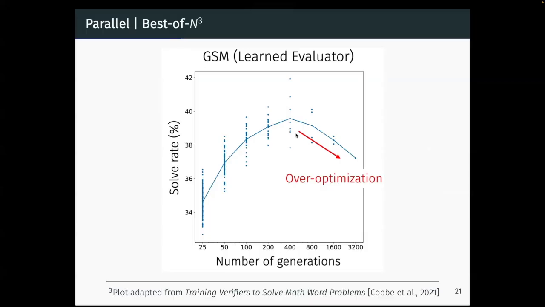This was OpenAI's plot. After a certain point, the model finds things that get a high score according to the reward model, but the sequences are actually not correct. So it's finding these weak spots or exploits of the reward model, and your performance actually starts to drop. This is sometimes called over optimization.